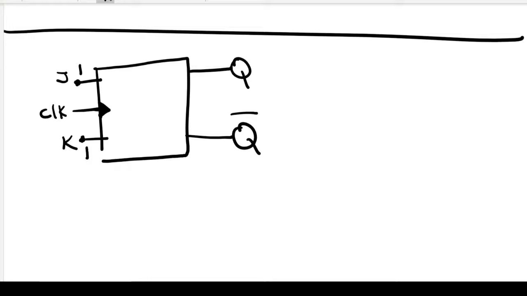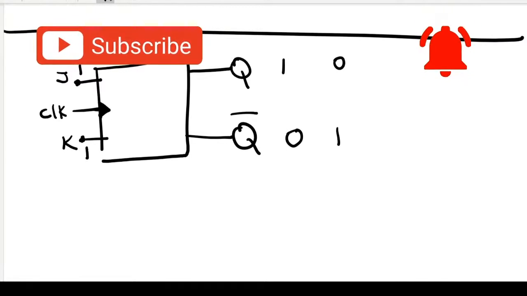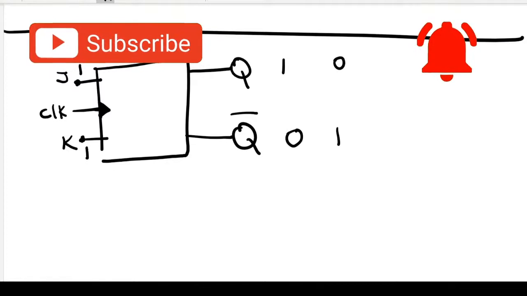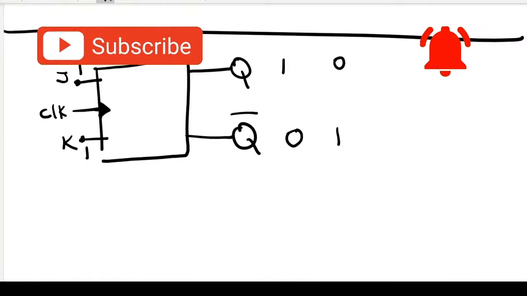When we send a clock, the output will be 1 and 0. And when we clock it again, it will just flip it. Remember, it's flip-flop, 0 and 1. As you clock it, it flips. As you keep clocking, it keeps flipping, right? So this is a toggle action. When you have both inputs J and K all ones, as you send the clock signal, the output will keep flipping.